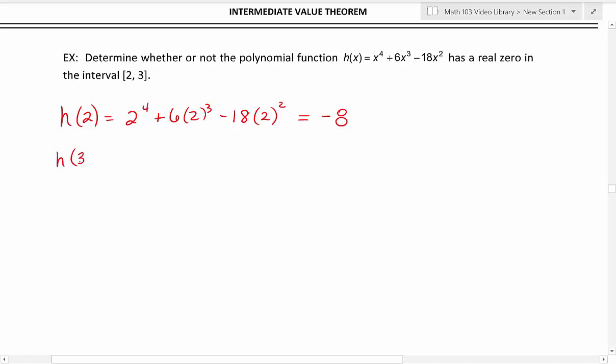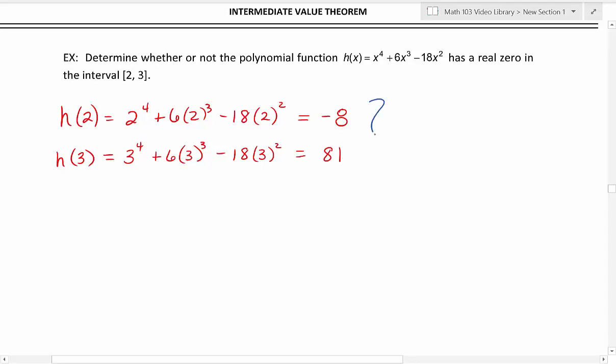We'll do the same thing, finding h(3), plugging it in, and then putting that right into our calculator. We get positive 81.